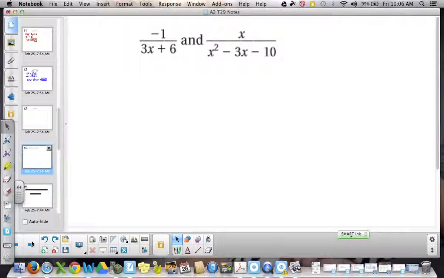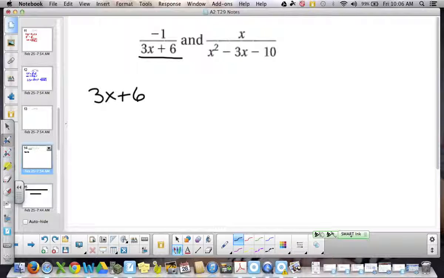The next example, we have negative 1 over 3x plus 6 and x over x squared minus 3x minus 10. So the 2 denominators are 3x plus 6, which has factors of 3 and x plus 2.